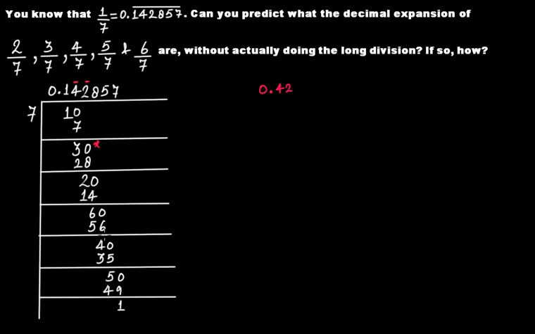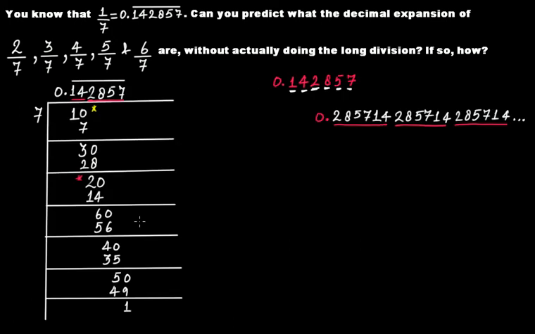In the same way, you will get 4 2 8 5 7, and then this 1 here. Then again 4 2 8 5 7 1, 4 2 8 5 7 1, and the pattern is exactly what we have seen here.